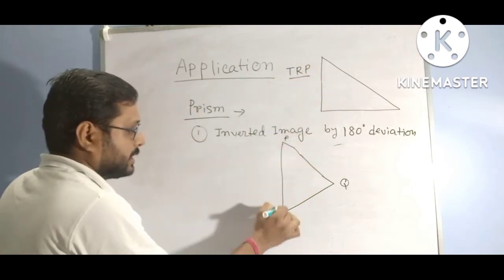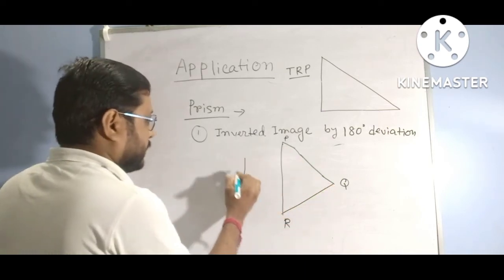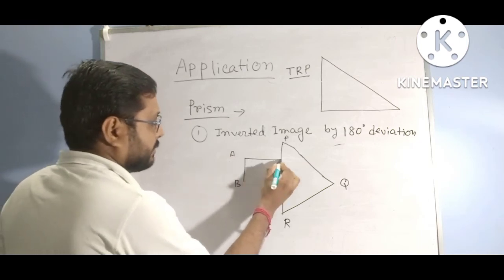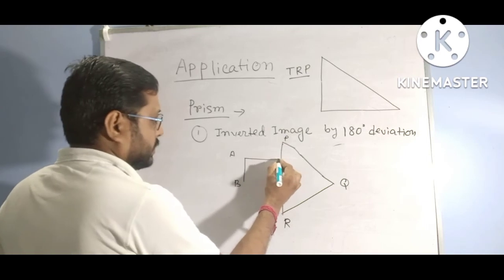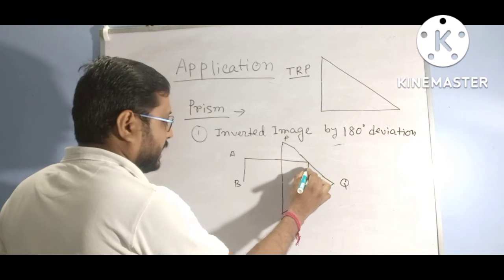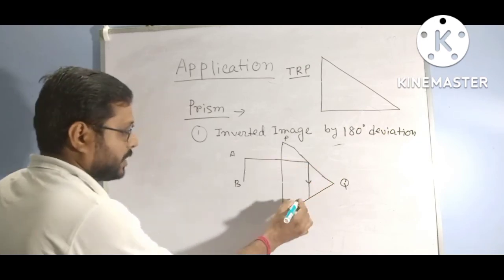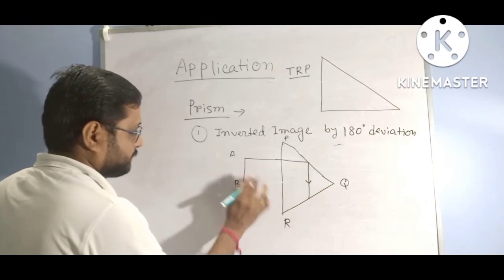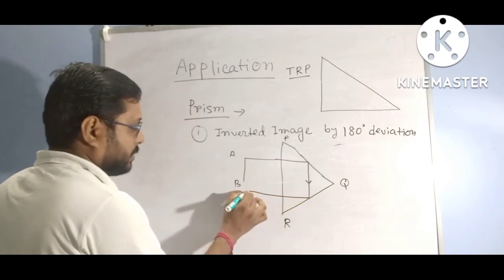This is the hypotenuse face, this is the perpendicular, this is the base. Now a ray coming from an object AB first makes normal incidence on the hypotenuse surface, then from this surface it gets totally internally reflected, and it also gets repeated reflection from this surface and finally emerges out from this.